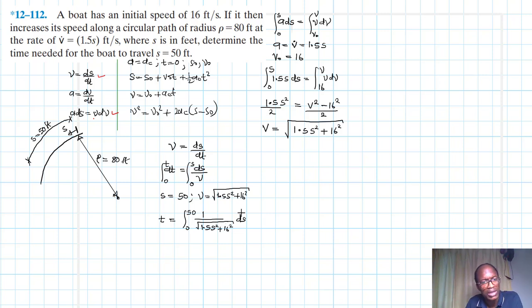But in the event that you do not have that information, solving this integral will take a little bit of time. So I'll use a method called Simpson's rule.